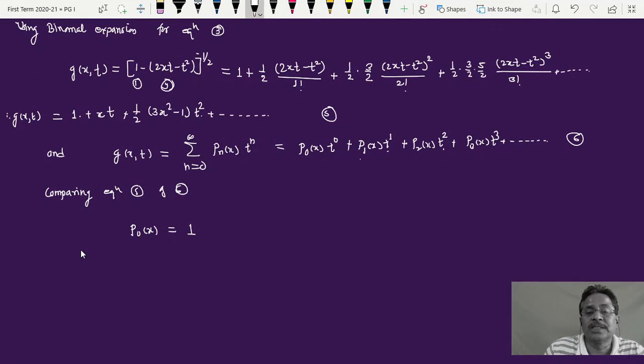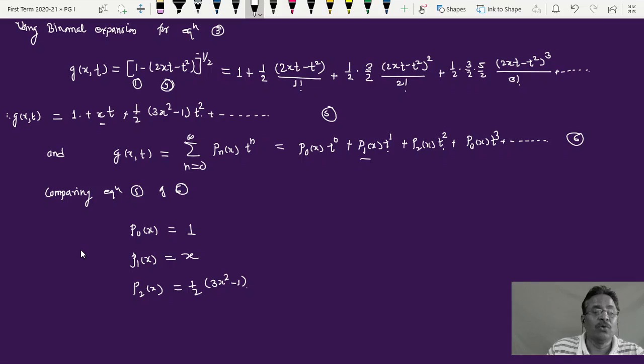Then if I compare p1x, here it is x, so p1 of x is simply x. Then p2 of x is equal to 1 half into (3x square minus 1).